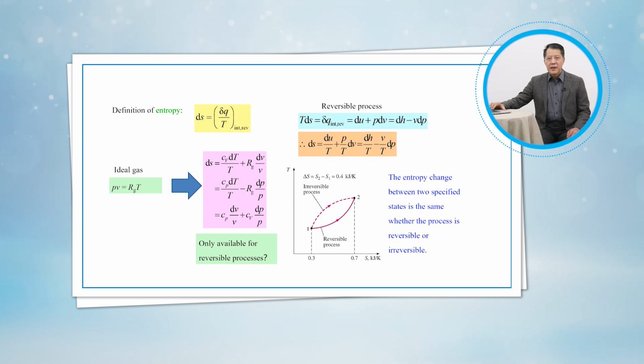Since the entropy is a property and depends only on the state, the entropy change between two specified states is the same whether the process is reversible or irreversible. Therefore, the relations of the entropy change are available for an ideal gas proceeding any process.